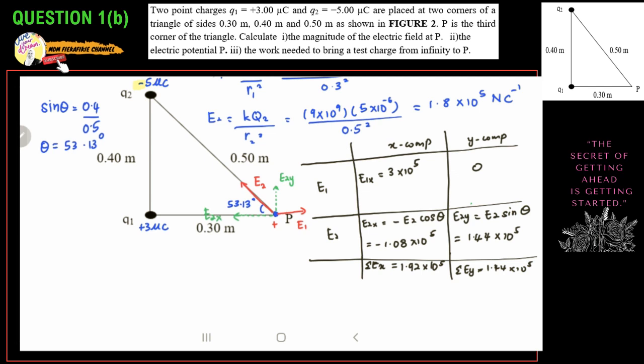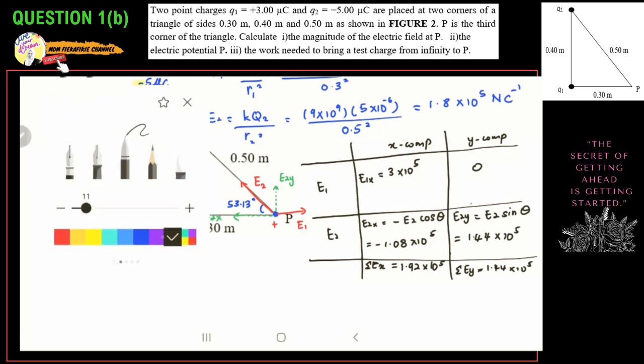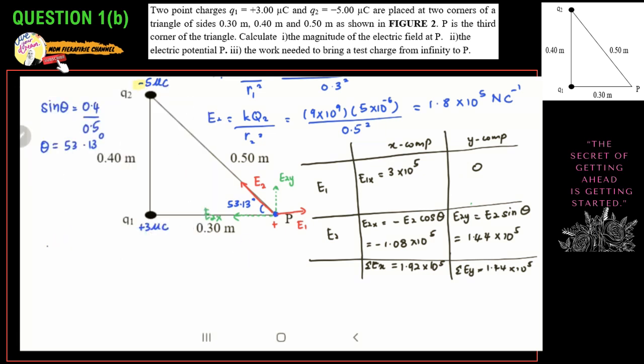So the question asks us to find the magnitude of the electric field at P. Dia sebut magnitude, jadi tak perlu bagi direction pun, tak apa, tak hilang markah. Therefore, let's write, the magnitude of the electric field at point P is equal to the square root of total electric field in X component squared plus total electric field in Y component squared.